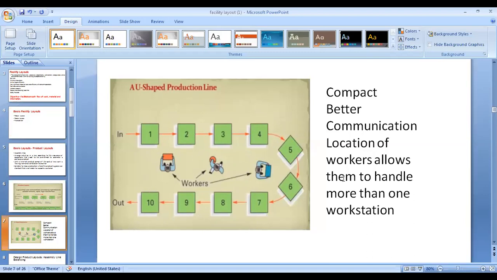If these workstations do not require focused attention, you can keep one employee in charge of two workstations, but only if the workstations don't need individual attention. So look at this: compact, better communication, and the location of workers allows them to handle more than one workstation. These are some of the advantages of a U-shaped production line.